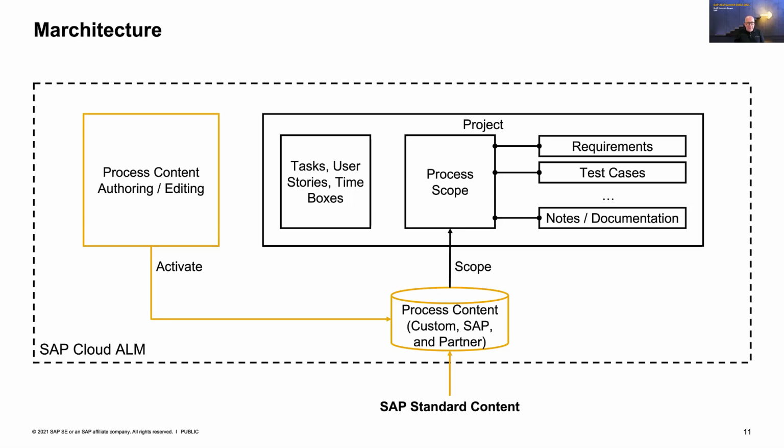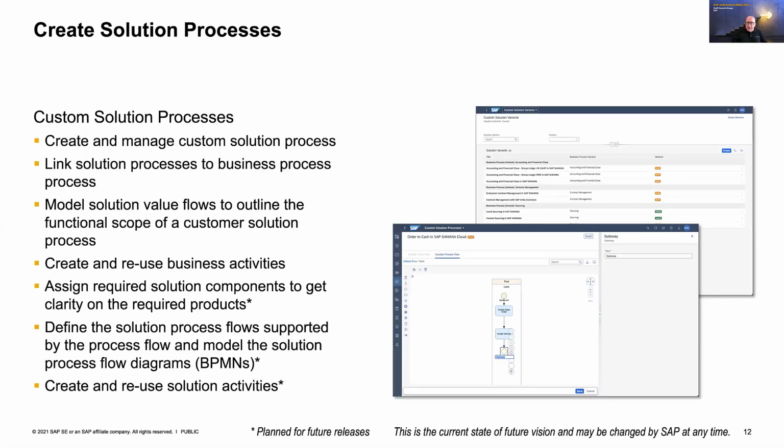It's just a standard procedure, and the process authoring just allows you to enrich the SAP standard library with your own custom processes. That has been the idea behind that architecture. So how does that look now in the tool? We have the option to create solution processes.